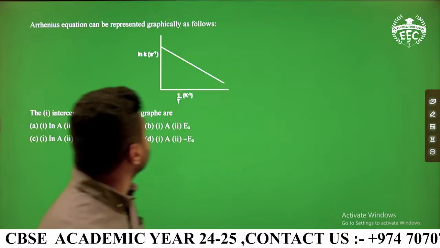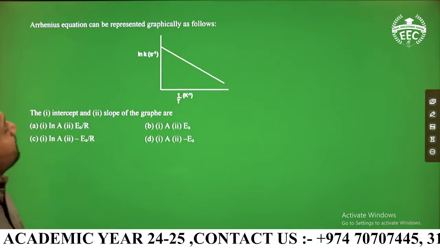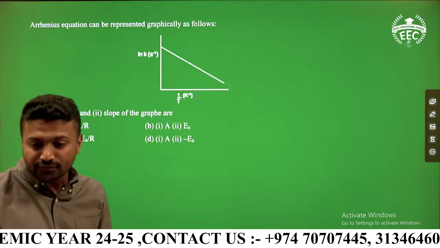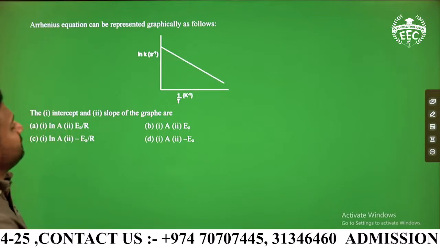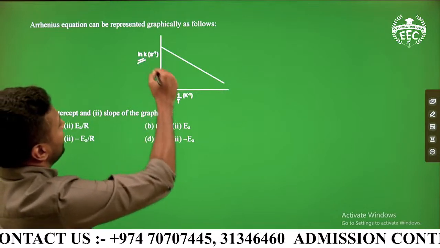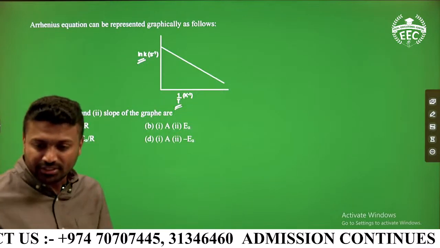Going for the next one. The Arrhenius equation can be represented graphically as follows. It's a graph between ln K and 1 by T. What is the Arrhenius equation?